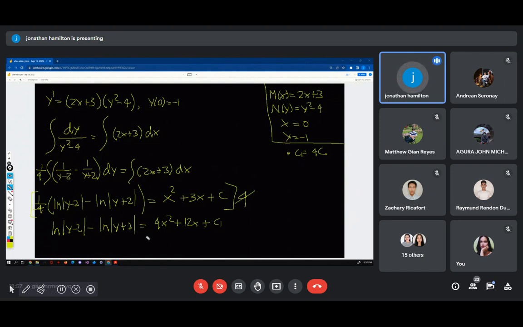If you see 2 ln absolute values minus each other, what is the identity that lets us turn it into a different value? For example, in this equation, we have ln of y minus 2 minus ln of y plus 2. What can we do in this part to simplify the equation? If you still remember.